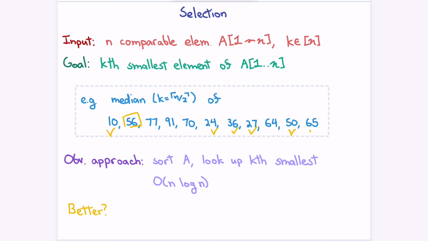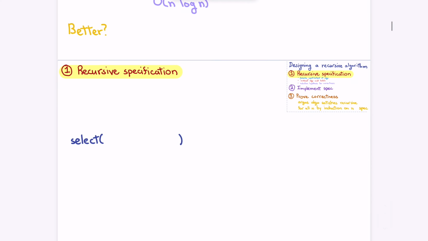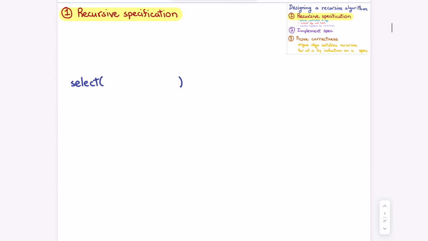Okay, so, well, we're going to make a recursive algorithm. So as I do, I was first going to try to solicit some recursive spec. So I've already chosen a name, select is easy enough. And we basically want to state the input, the output, that kind of thing, but sort of figure out what we want to implement and in particular what we can call recursively.